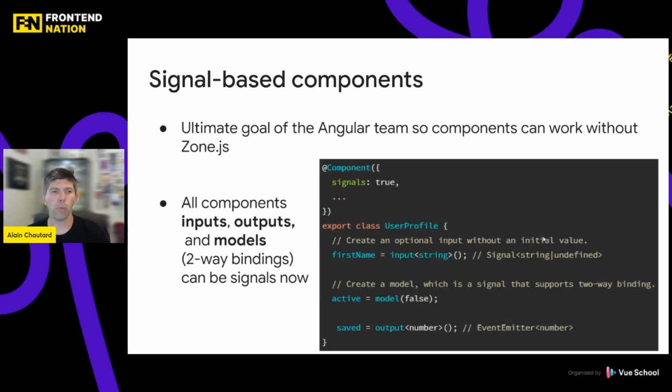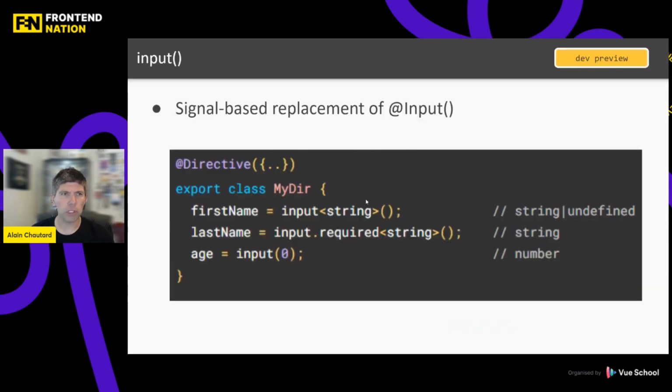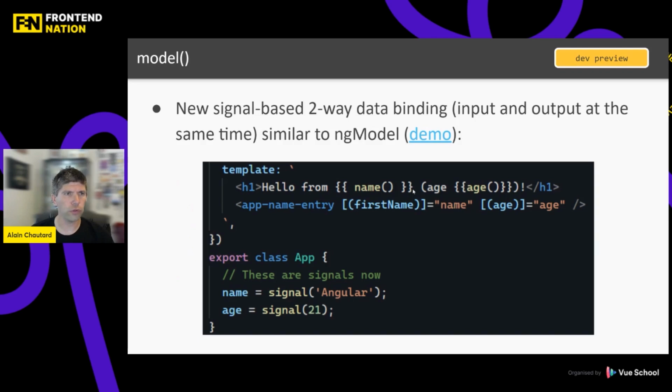And one of the places where it's going to be the most visible is inside our components, where we now have that concept of signal-based component, where everything is based on signals: inputs, outputs, content queries. So this is an input, a signal-based input. This is available in Angular right now. You just use that input function instead of the input decorator, and it turns your input into a signal. Also works with two-way data bindings using a new concept called model.